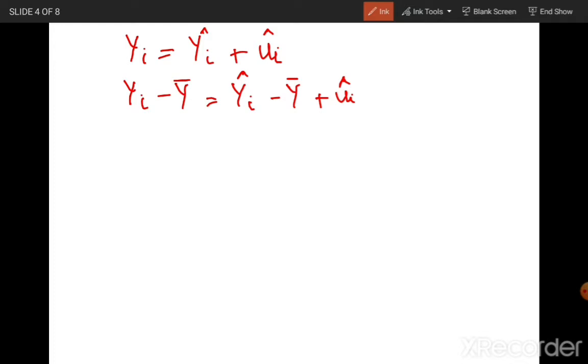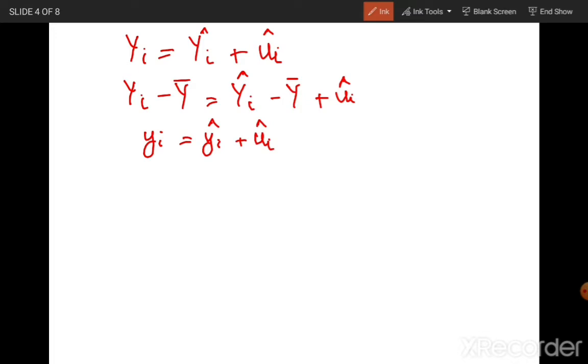Right? So now, when I'm subtracting y bar from both the sides, capital Yi minus y bar is nothing but small yi, that is deviations of observed yi from its mean, and capital Yi hat minus y bar can be written as small yi hat, plus ui hat.